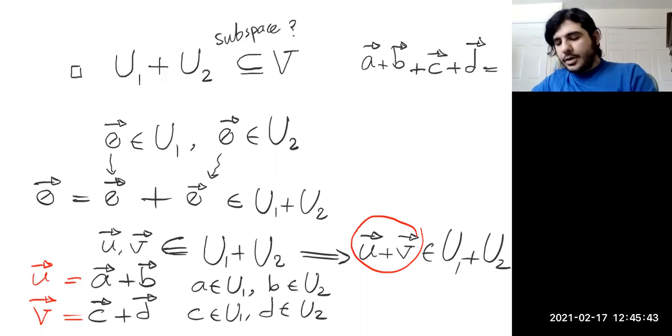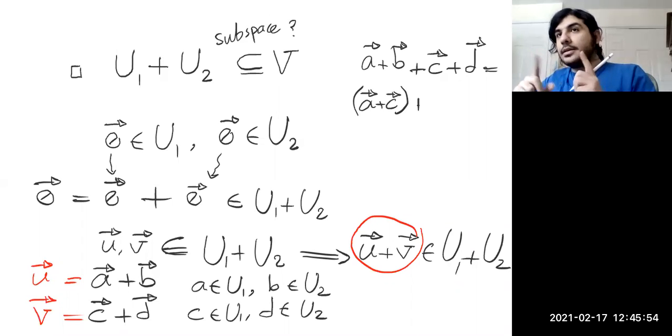I can do that, right? Because we're in a vector space, we have commutativity. Sorry, commutativity, actually, that's what I'm using. I would write it as A plus C plus B plus D.